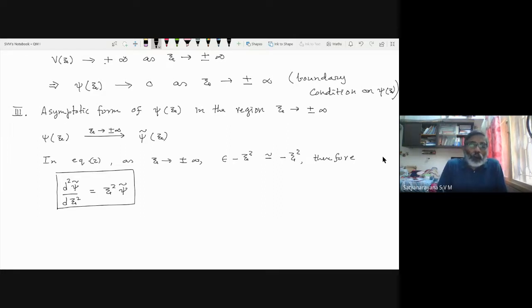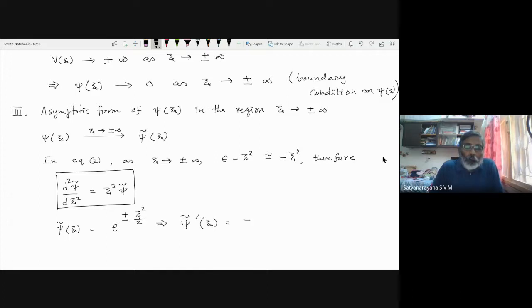Now, by inspection, it is possible to say that suppose you have psi tilde of xi equal to, let's say, e to the power plus or minus xi square by 2. If you have a function like this, what will be psi tilde prime of xi? Prime is d by d xi.